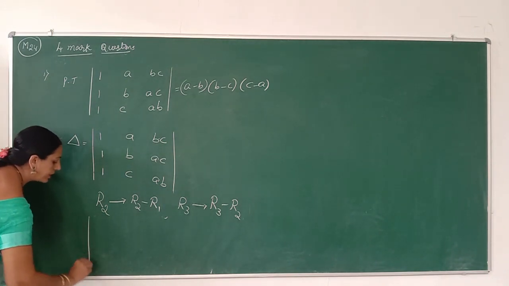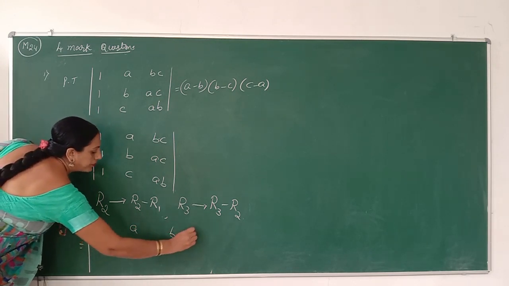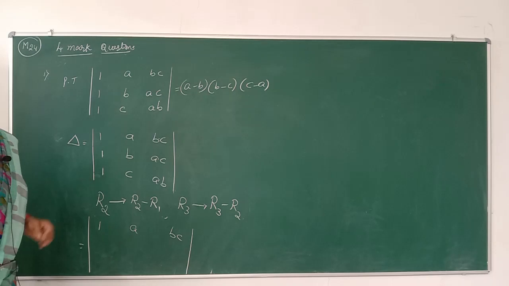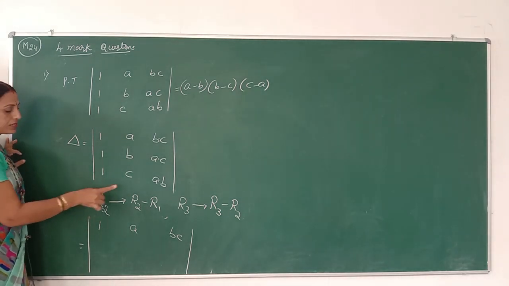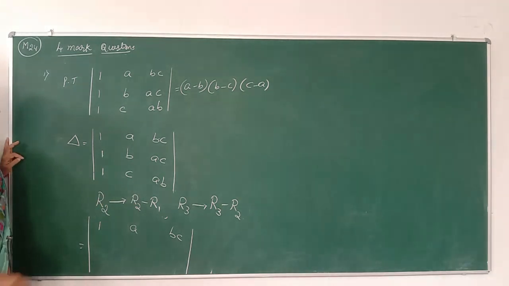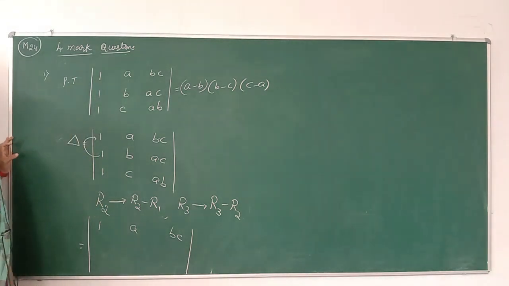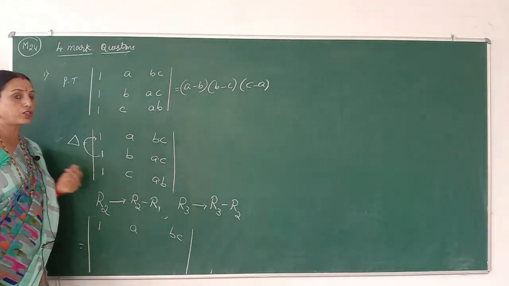So after that, the elements of R1 are 1, A, B, C, because the first row is not operated, but the elements of the second row R2 can be written as R2 minus R1. That means the elements of the second row are subtracted with the corresponding elements of the first row.